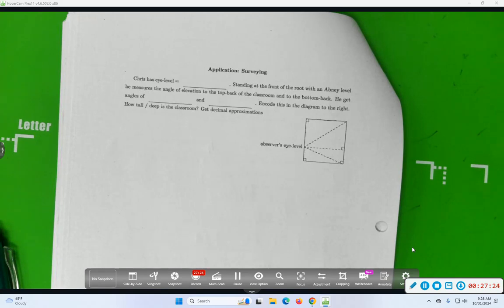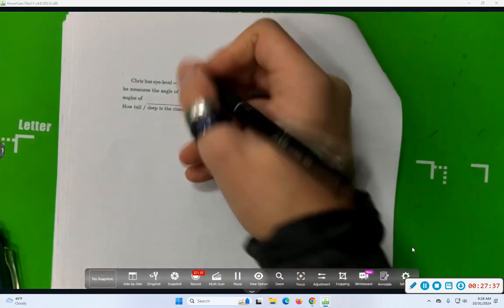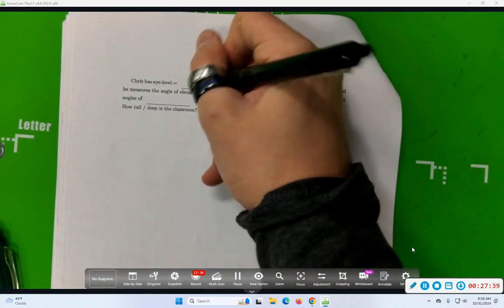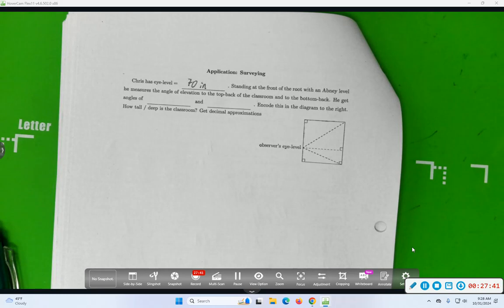This principle that I'm following is the same principle as is used by the surveyors you see measuring heights of buildings or heights of trees and stuff. They have a device on a tripod.